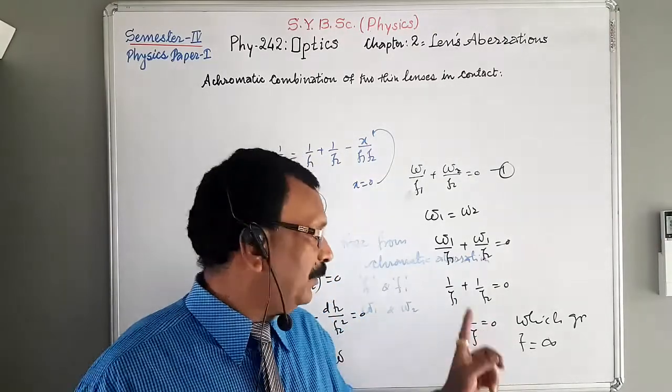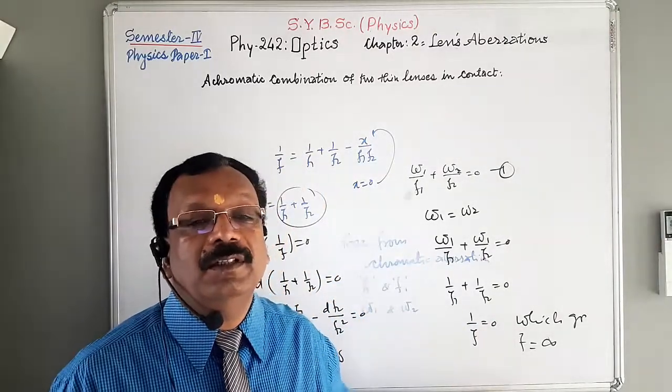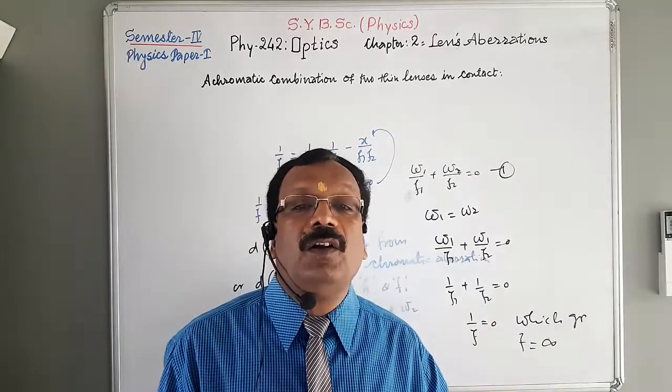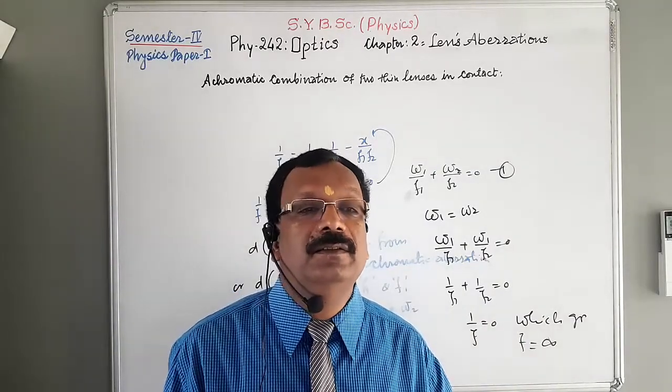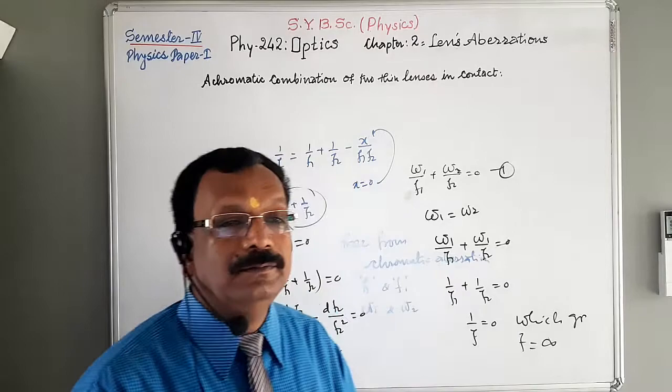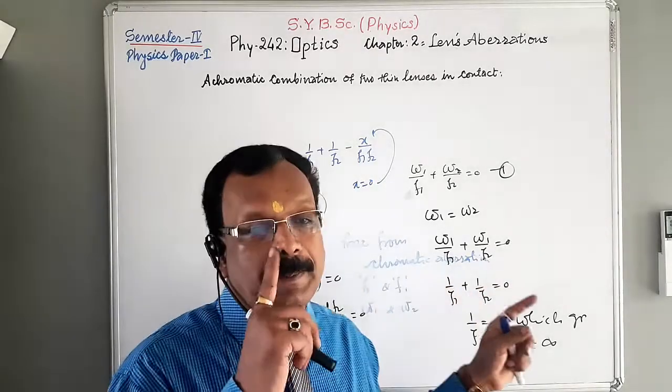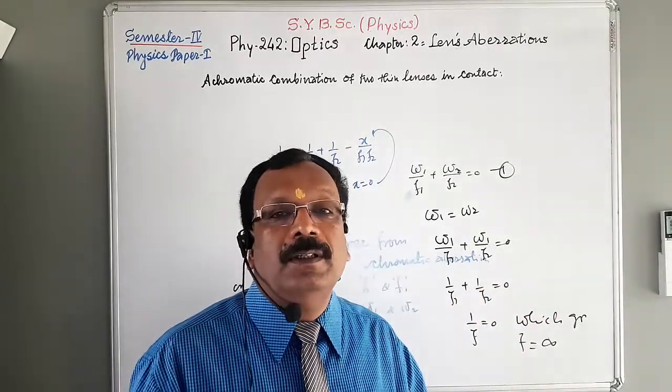So achromatism is impossible if the lenses are of the same material.